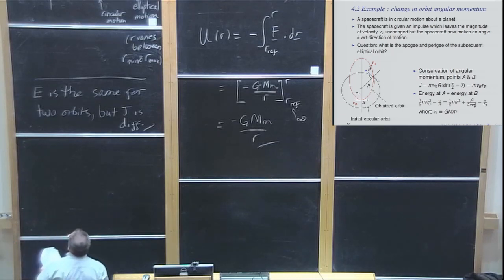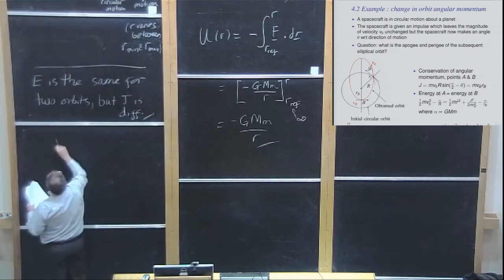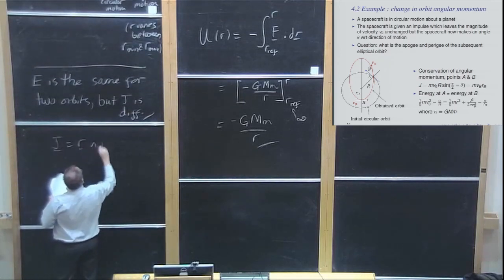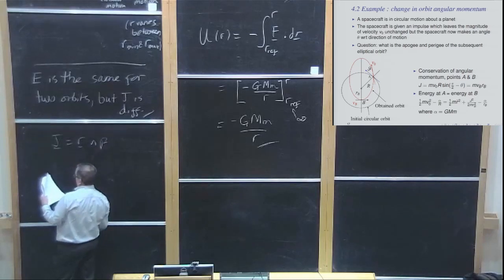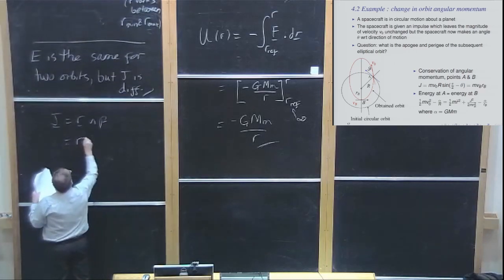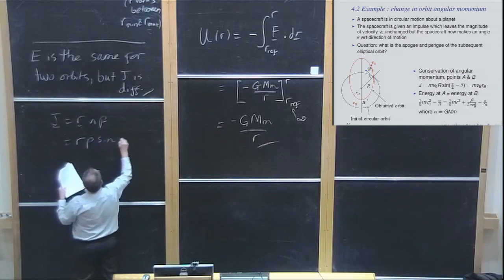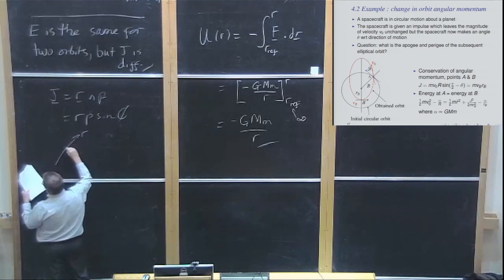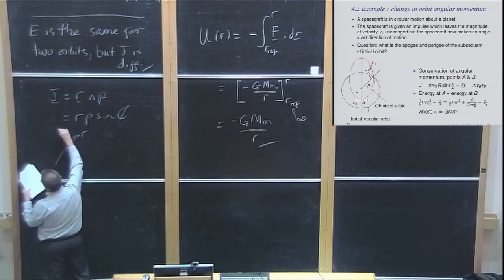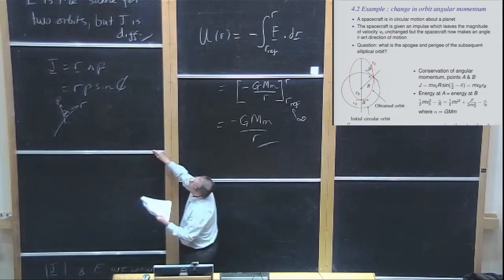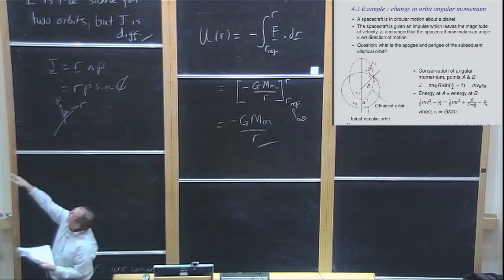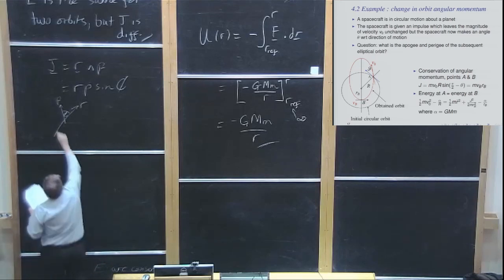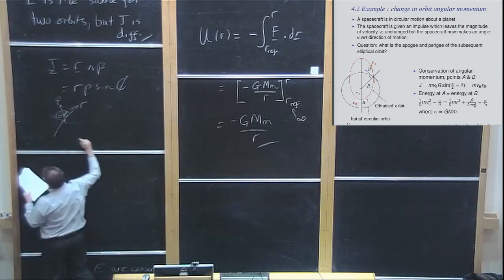So we need to write that J is equal to r cross p, which is, if you like, rp sine phi. So if this is r and this is some direction which it goes in, this is the angle phi. But the angle we are given is not phi, but this angle theta here, okay?